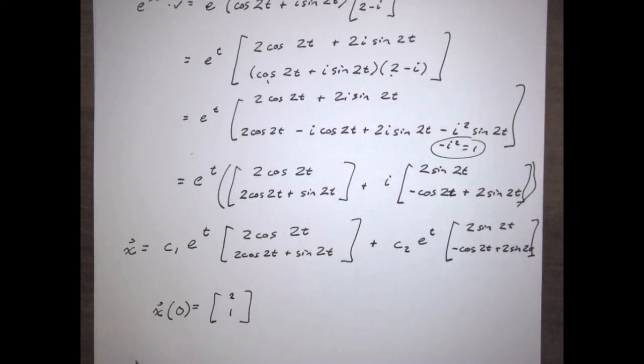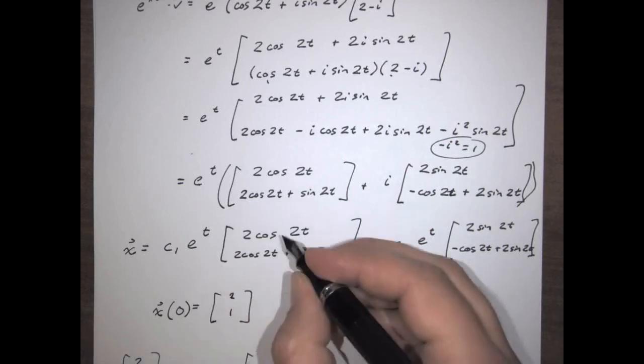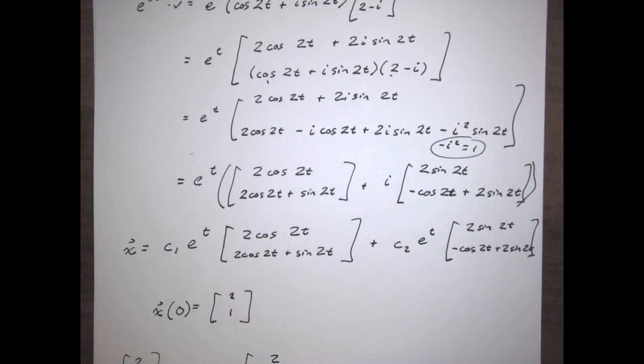So that means (2, 1) is equal to c1 times (2, 2) plus c2 times (0, negative 1). So what's going to happen if I plug in 0 for t? 0 for t makes cosine 1 and sine 0.